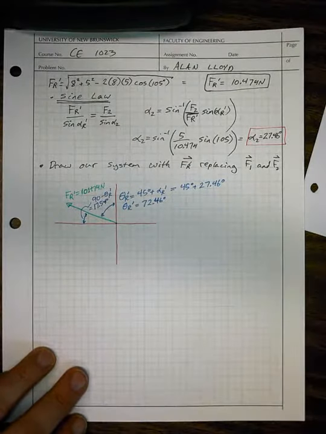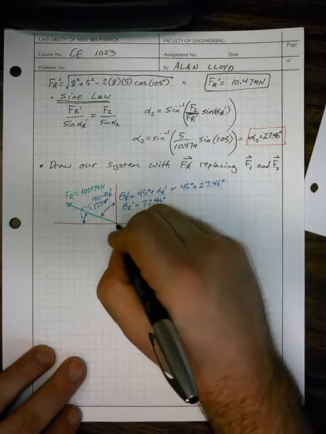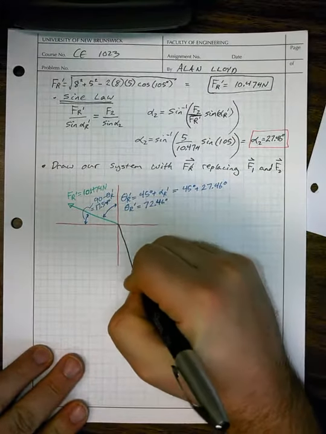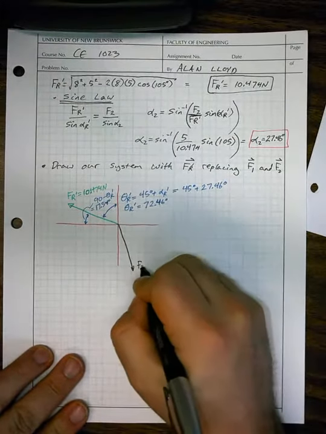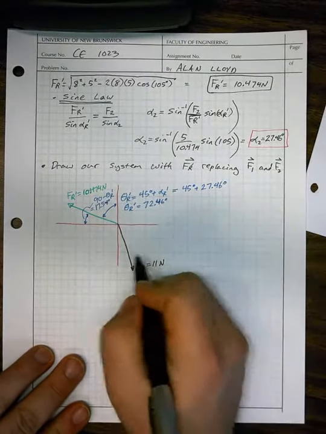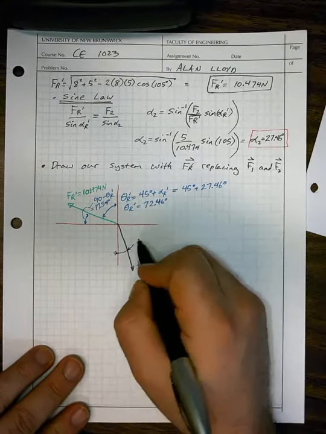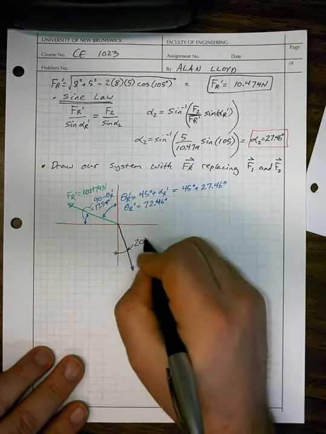Now we have another quantity here. We have F3. And we know that F3 is equal to 11 newtons. This was specified in the problem. And we have an angle at which it acts. This angle is 20 degrees off of the vertical.